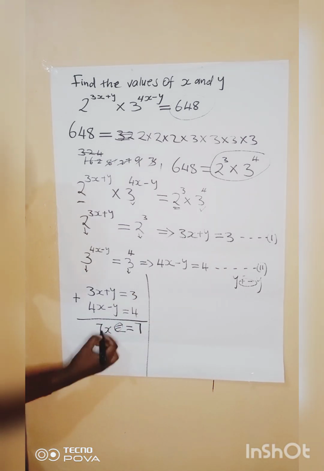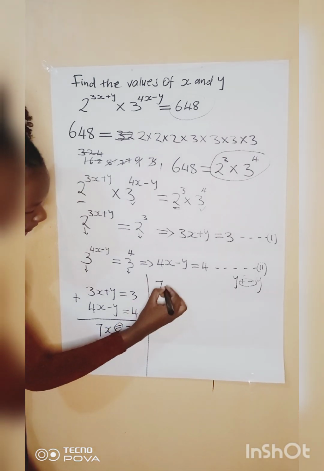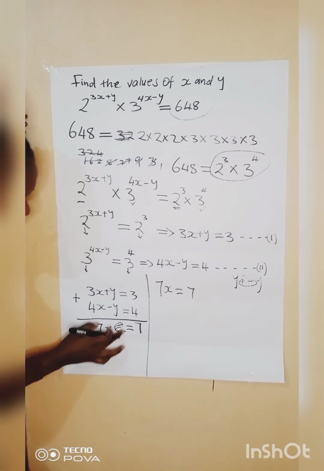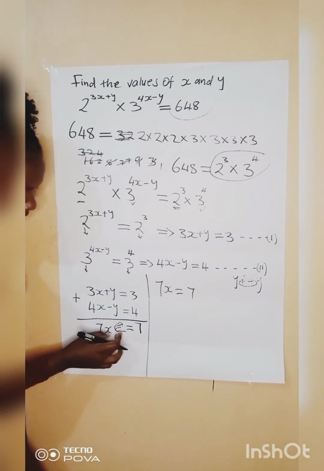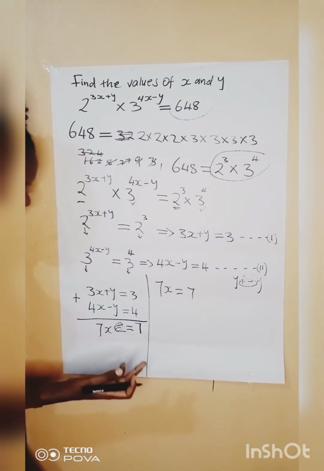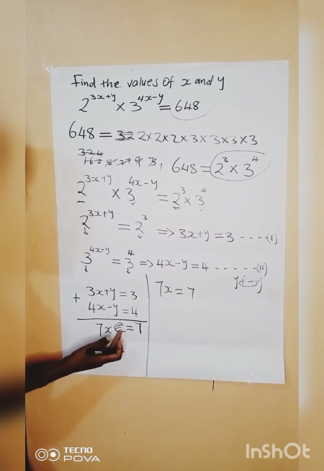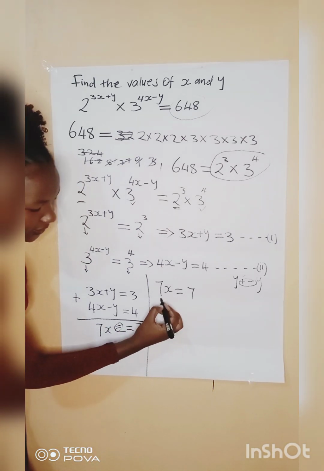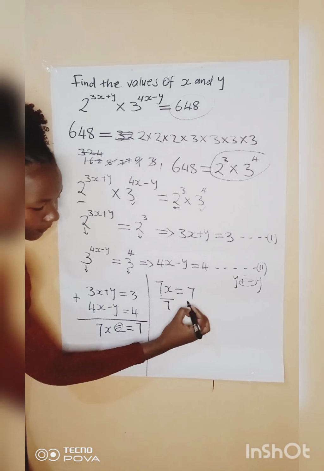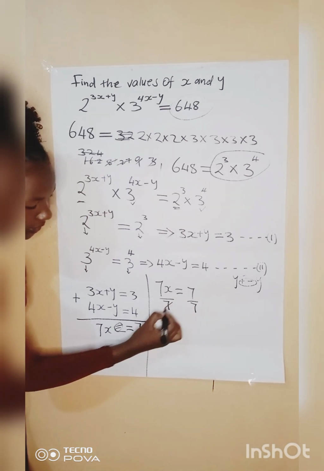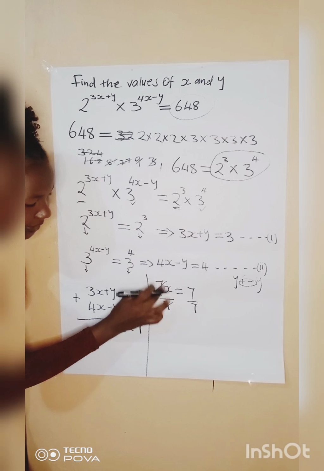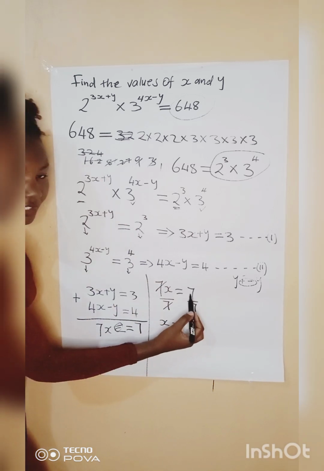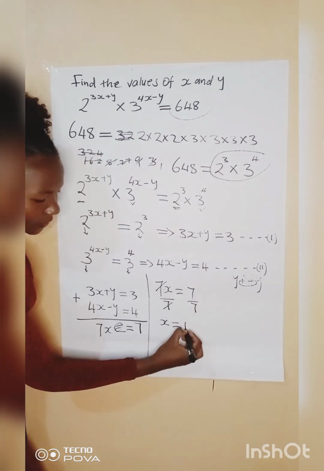So we can say this is 7x equals 7. Okay, we don't have to write this 0 here because it does not make any difference. So to get the value of x here, we just divide by 7, again by 7, so that you can eliminate this 7 here, and our x is equivalent to 7 divided by 7, which is 1.